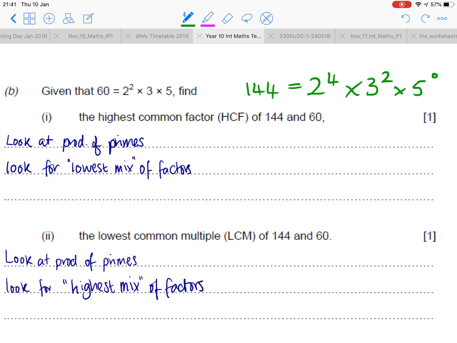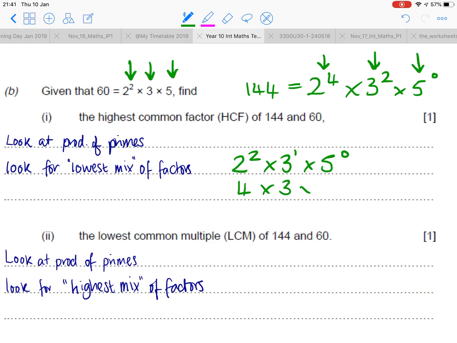So if I'm looking for the highest common factor, I'm going to take the lowest choice of the 2s, 2 to the power of 2, the lowest choice of the 3s, 3 to the power of 1, the lowest choice of the 5s, 5 to the power of 0. 2 squared is 4 times a 3 times a 1, 12.